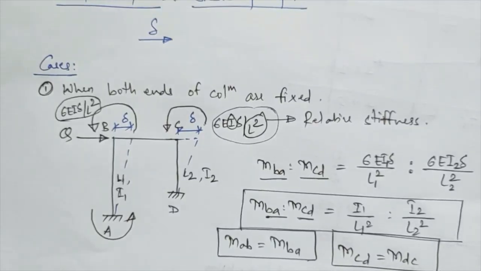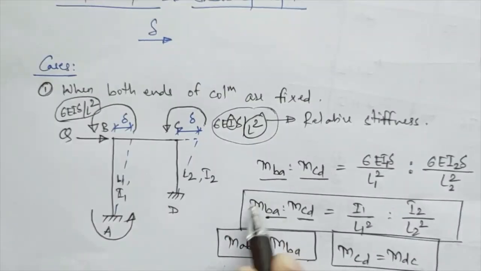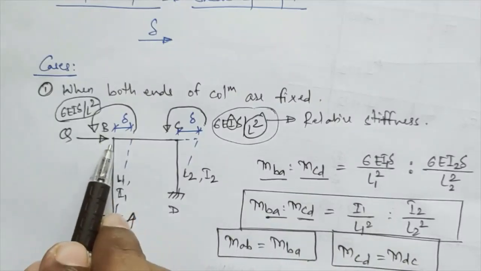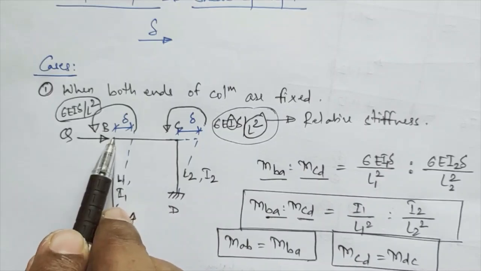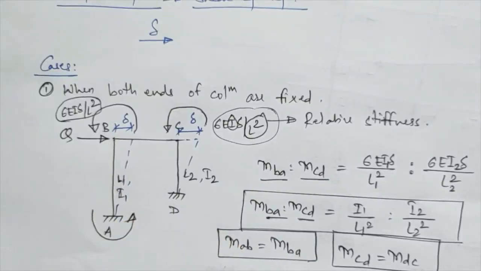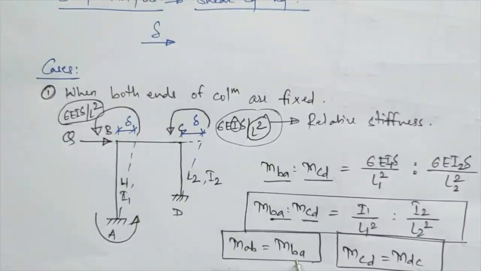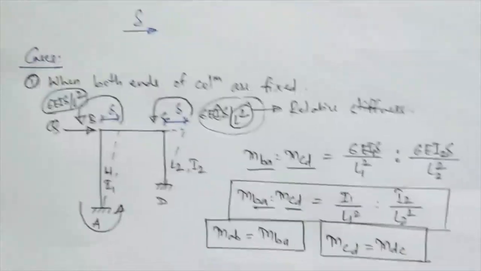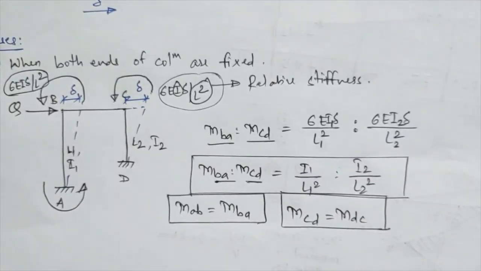For the moment ratios you have to use I by L square, and whatever translation and rotation is induced at points B and C, if the far ends are fixed, the same values you have to take at the other points also. So MAB equals MBA and MCD equals MDC. This is our first case, that is when both ends of the columns are fixed.